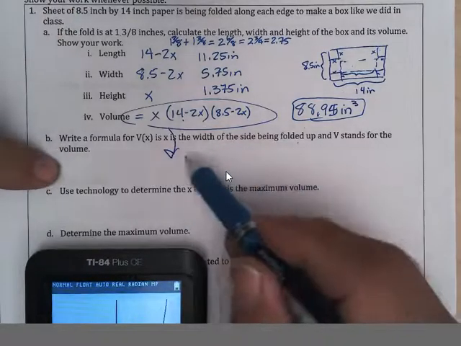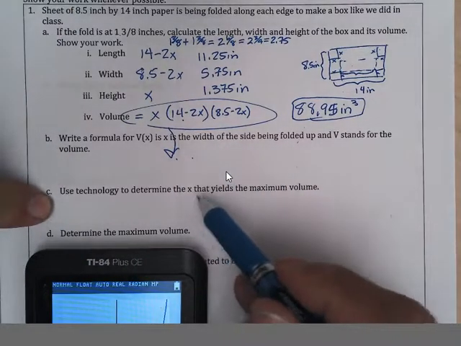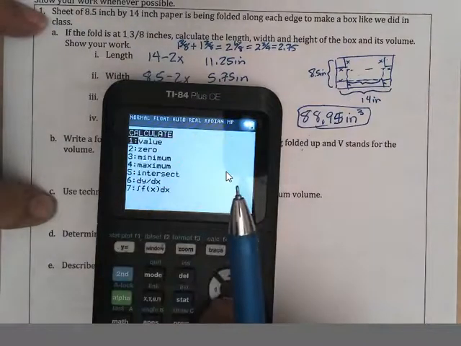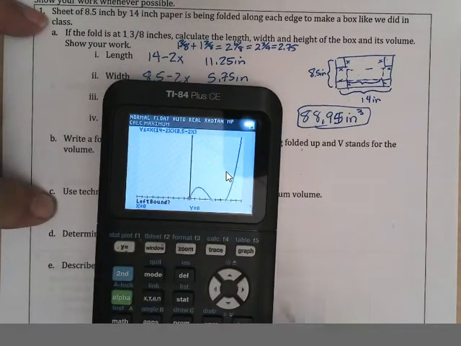So write a formula, technology, the x that gives the maximum. Second, calculate the maximum, that's between 0 and 4. 0, enter, 4, enter, and guessing 2-ish.